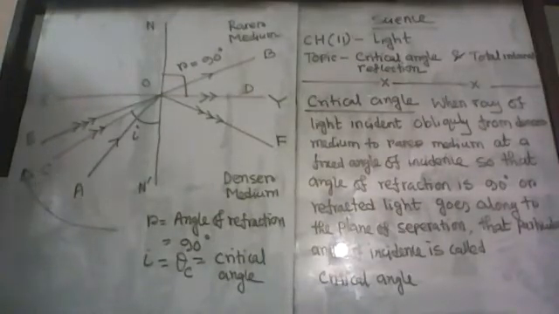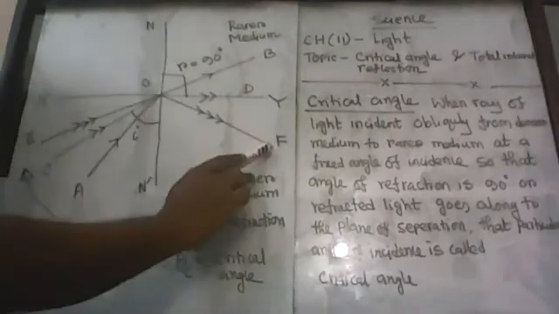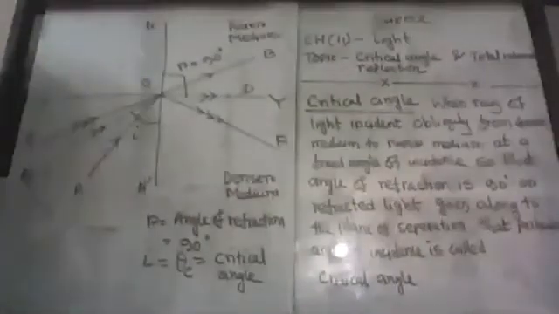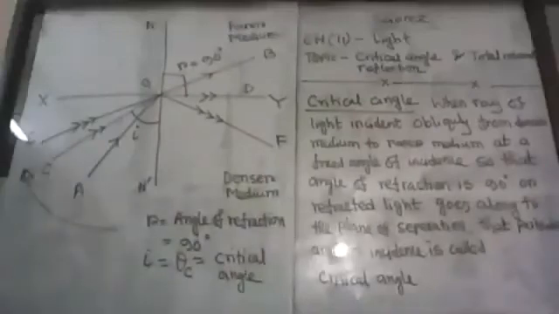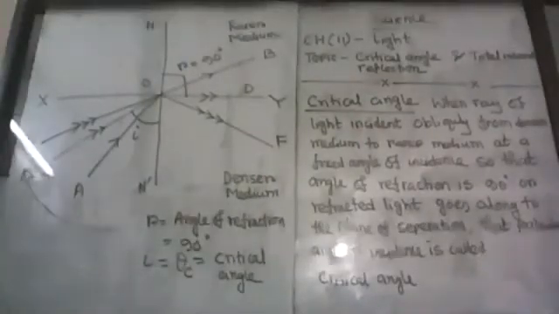It seems to you that the water just glows. So this phenomenon of light is known as total internal reflection. Now in the next step I'm going to write down the definition of total internal reflection.